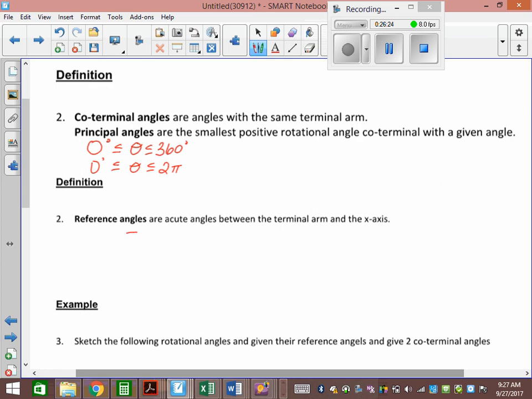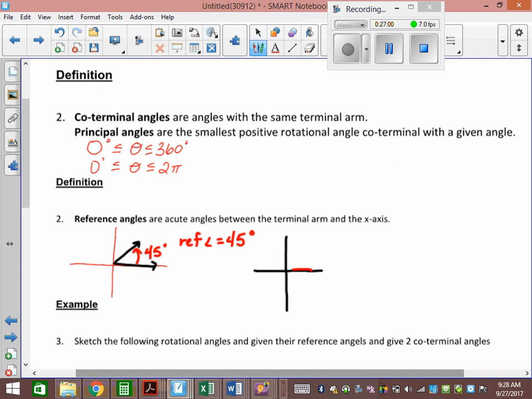What does that mean? That means if my terminal arm is here, and this was a 45-degree angle, then my reference angle would be 45 in this case, because it's always the angle from the terminal arm to the x-axis. When it's in quadrant 1, that is the angle. When it's in quadrant 2, say I give you 160.